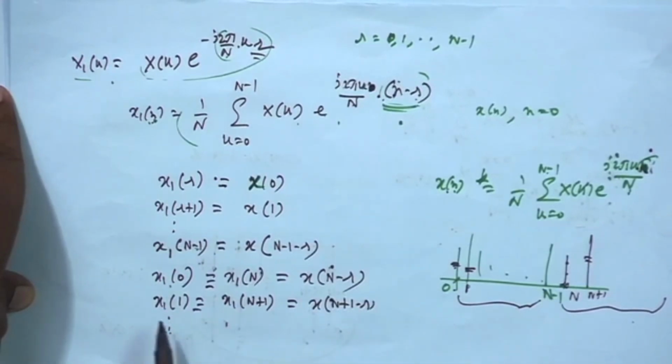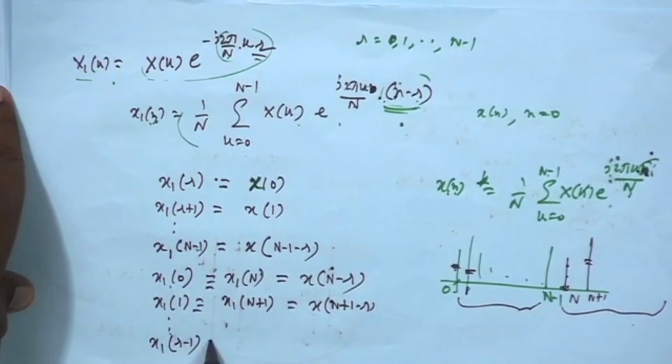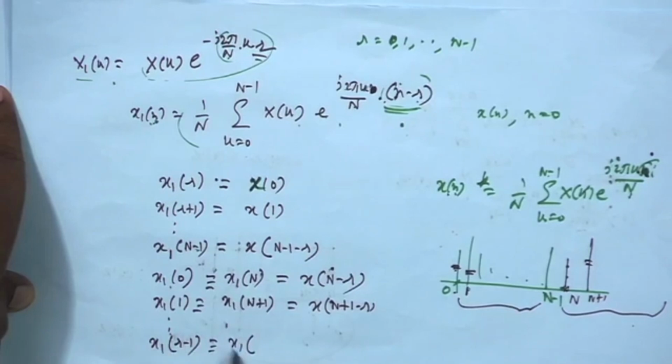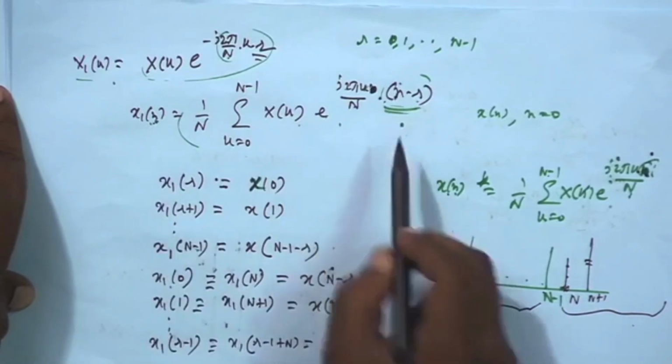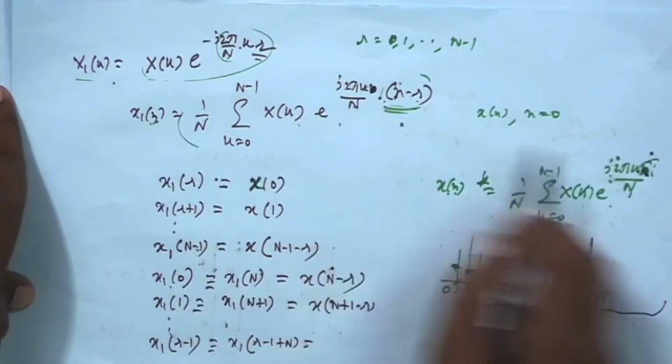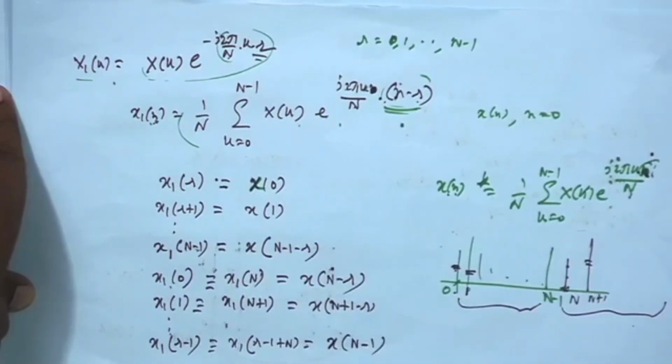Dot dot dot, finally r minus 1. That is the same again, because of periodicity, you add capital N to that, you will get the same thing, r minus 1 or r minus 1 plus n. But if you put r minus 1 plus n, r cancels, you are left with capital N minus 1. So, graphically what does it mean?